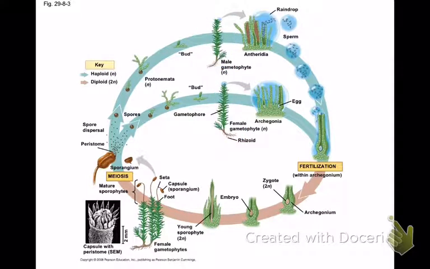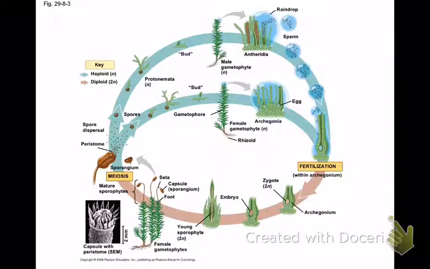And at the tip of the male gametophyte, you form antheridia, which form sperm cells by mitosis. And in the female gametophyte, you form archegonia, which form egg cells by mitosis. And as I've said in class, the egg cells are going to be the largest cell that you see within that structure.